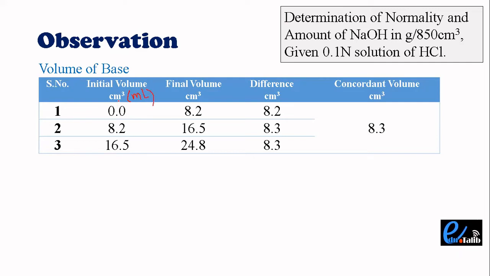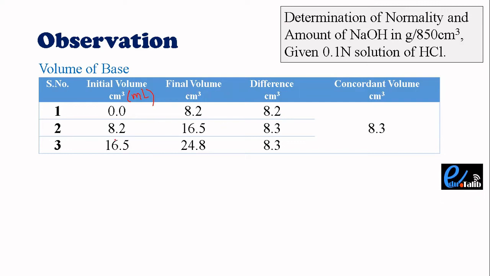After taking the reading, the final volume was 8.2 centimeter cube. So final minus initial is 8.2, that is the difference of the reading. So 8.2 centimeter cube of NaOH was consumed for the neutralization of HCl.